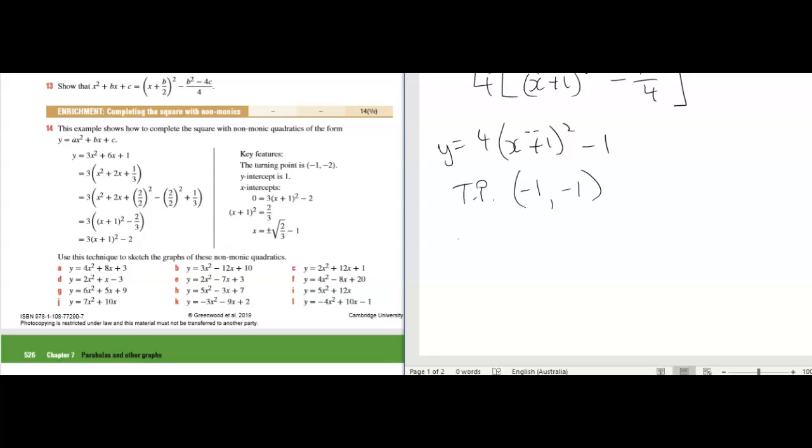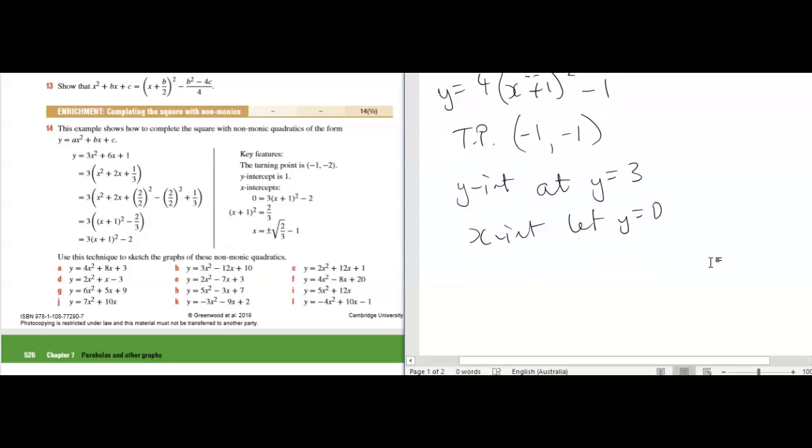To find your y-intercept, remember that is just your constant. If we go back to A, you can see that's 3. But if you had it just in turning point form, remember you let x equal 0. Now to get your x-intercepts, you let y equal 0.